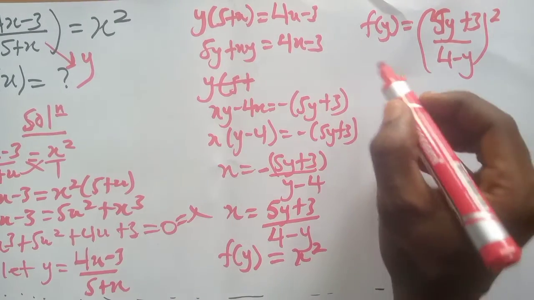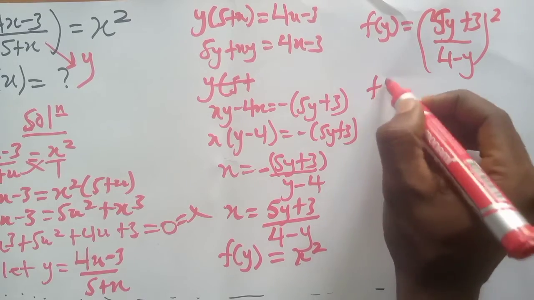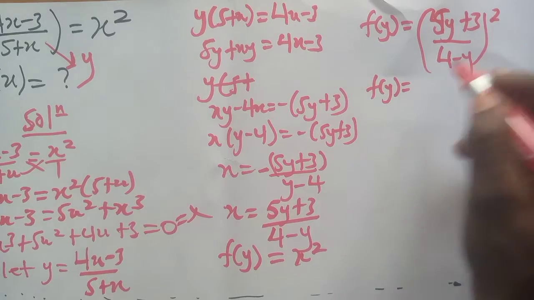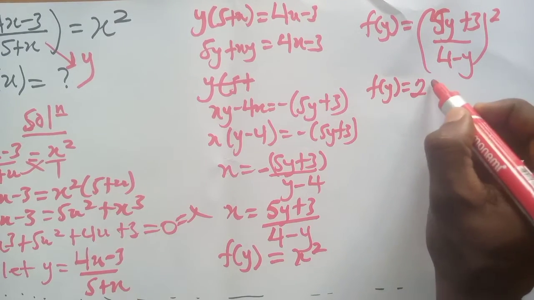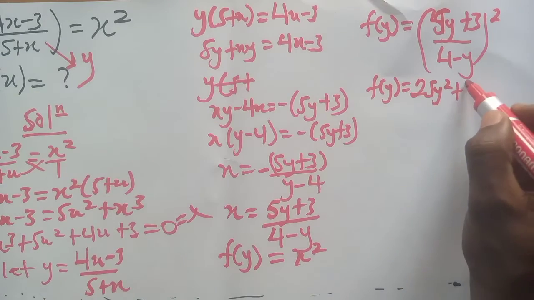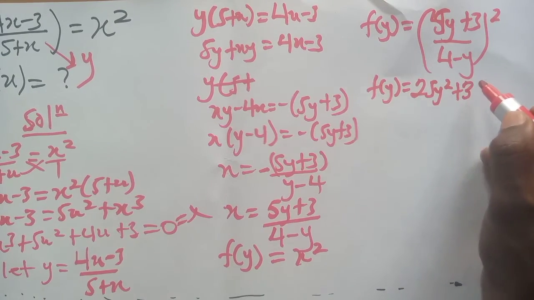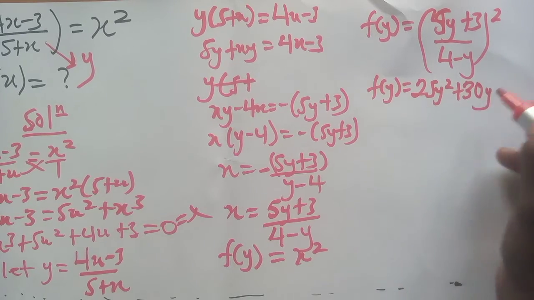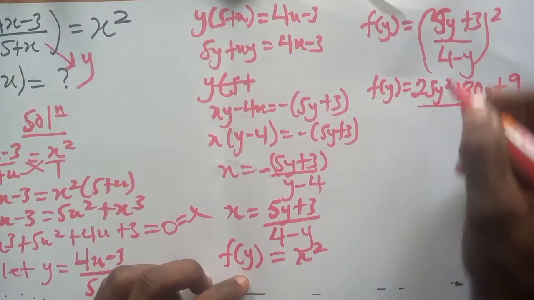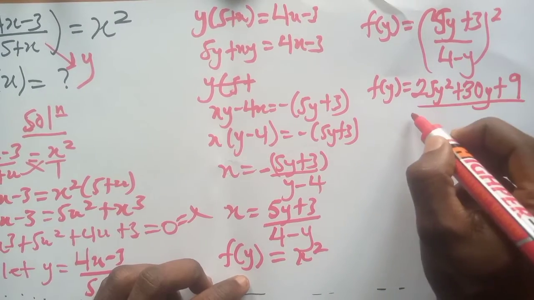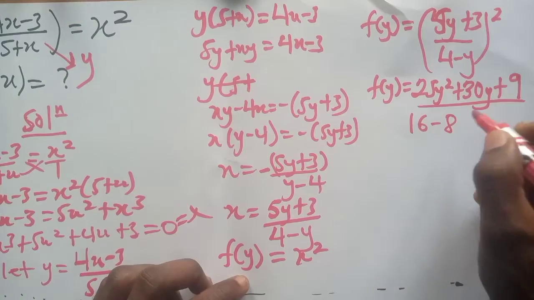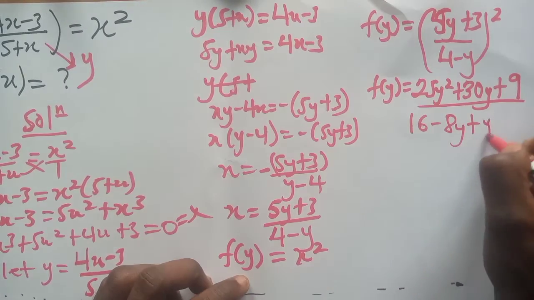When we square that, f of y is equal to the square of that, so multiplying this, we have 25y squared plus 15 and 15, which becomes 30y, and then plus 9. And for the denominator, expanding that, we have 4 times 4, 16, minus 4y minus 4y becomes minus 8y, then plus y squared.